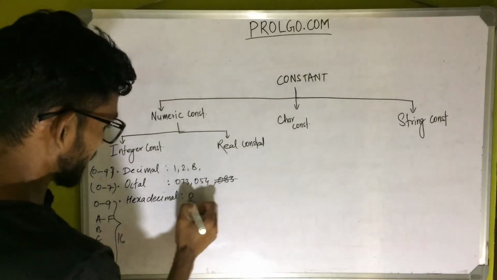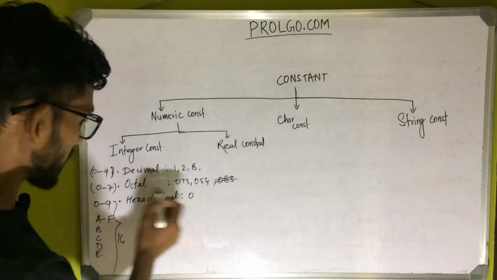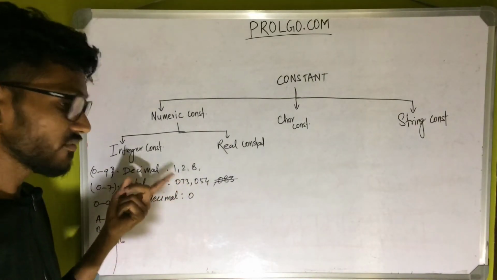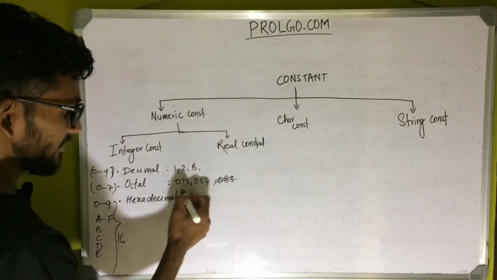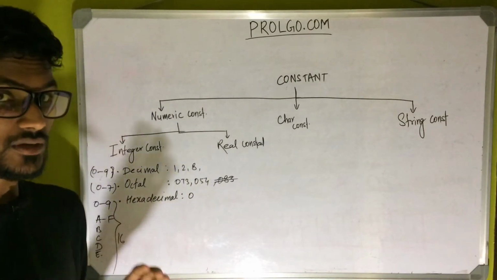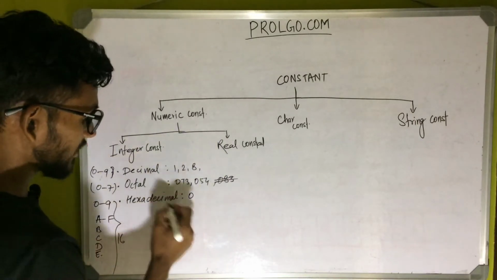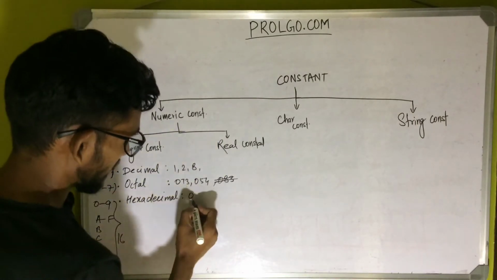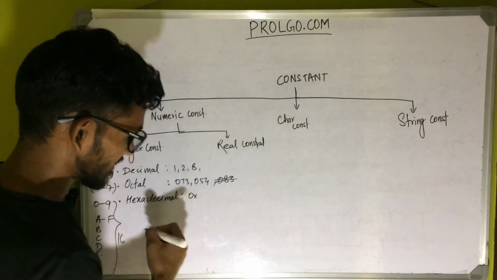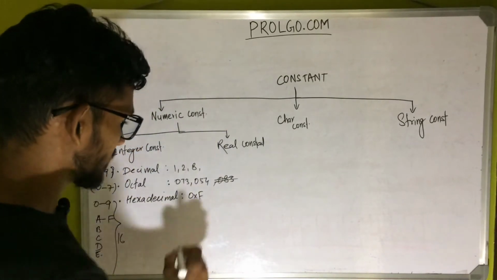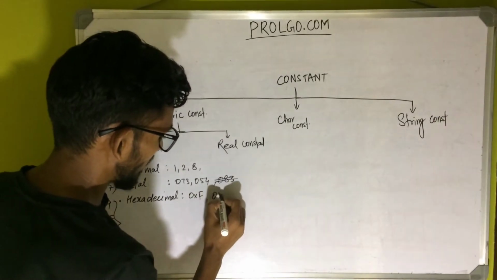For the representation, octal has the prefix 0 followed by the digits. So if you have to represent a number in octal, you write 0 before the number, and in hexadecimal you write 0x followed by the actual number, like 0xF or 0xB.